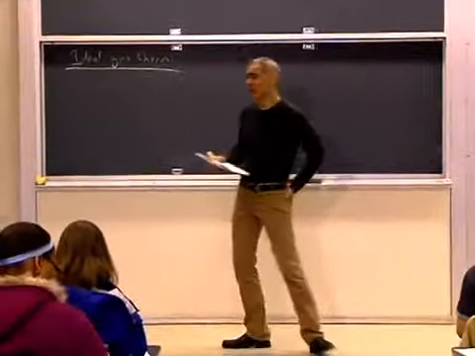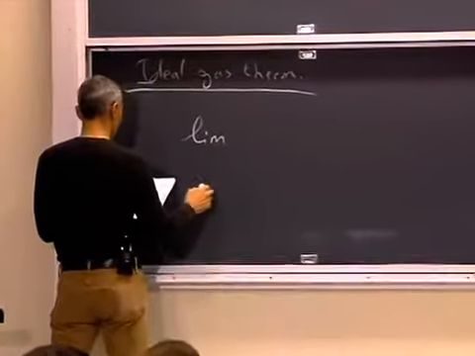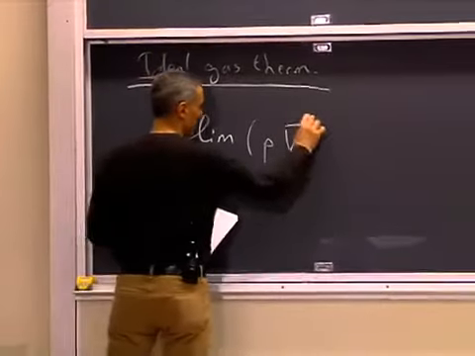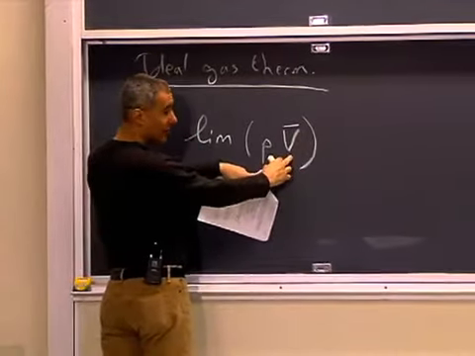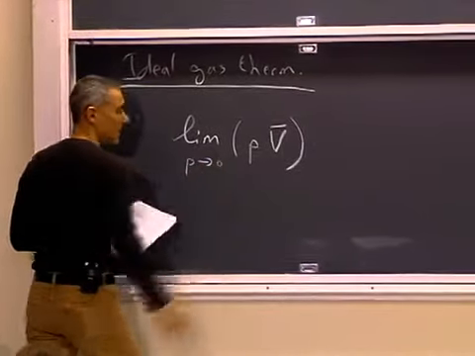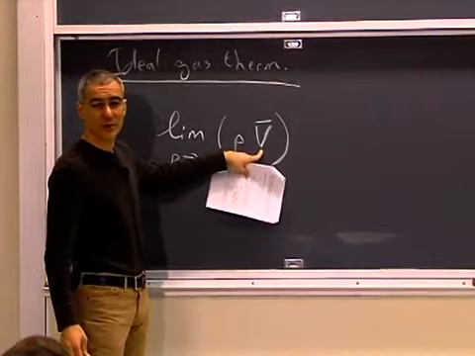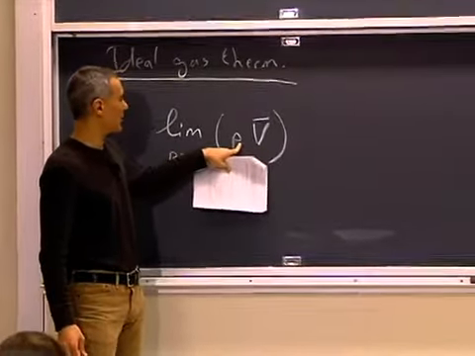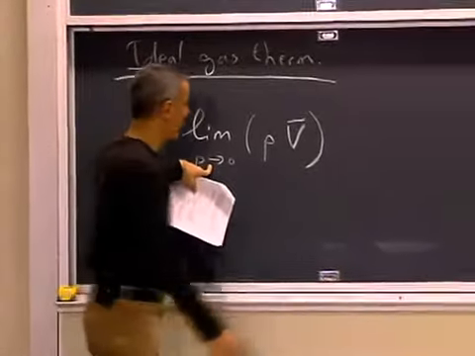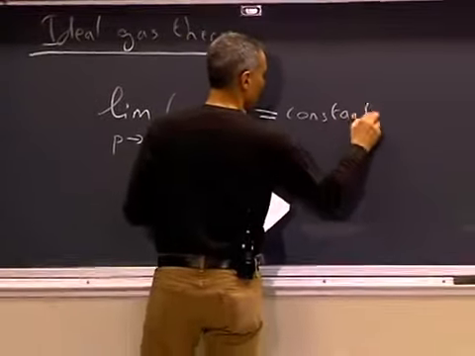Boyle's law was an empirical law that Mr. Boyle discovered by doing lots of experiments. And Boyle's law says that the limit of the quantity pressure times the molar volume, as you let pressure go to 0, so you take a gas, you measure the pressure and the molar volume, then you change the pressure again, and you measure the pressure and the volume, you multiply these two together, and you keep doing this experiment, getting the pressure smaller and smaller, you find that this limit turns out to be a constant, independent of the gas.